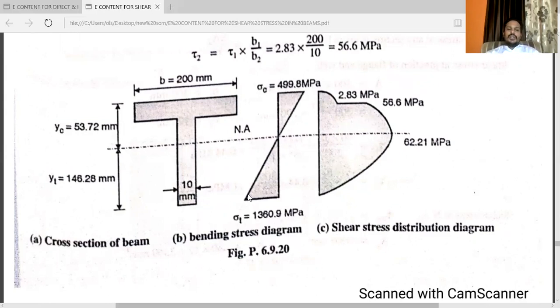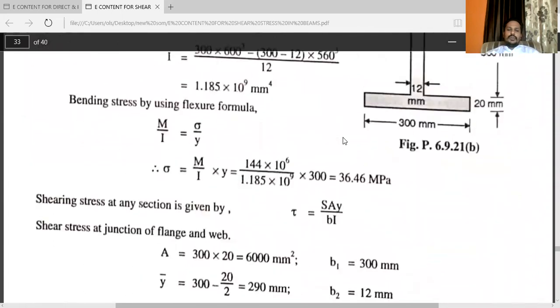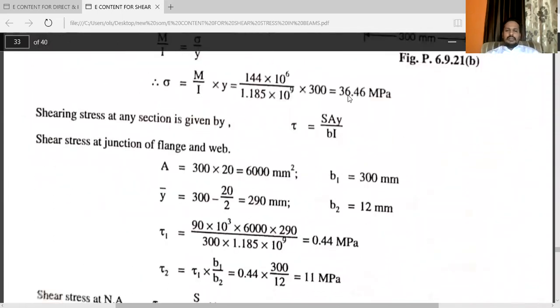For the bending stress distribution, our required dimensions are YT and YC. In the shear stress distribution diagram, the formula is tau is equal to S into A into Y upon B into I. You can calculate the values by using the formula.